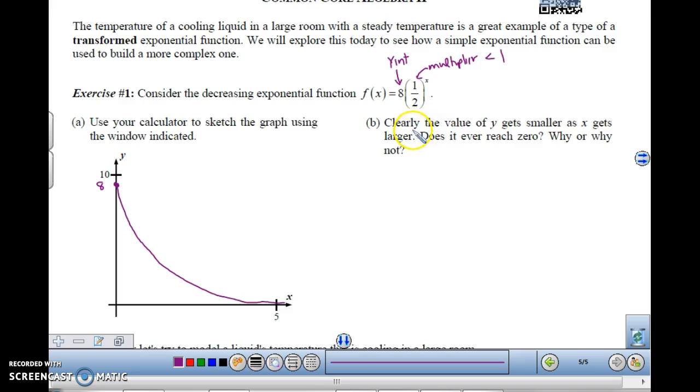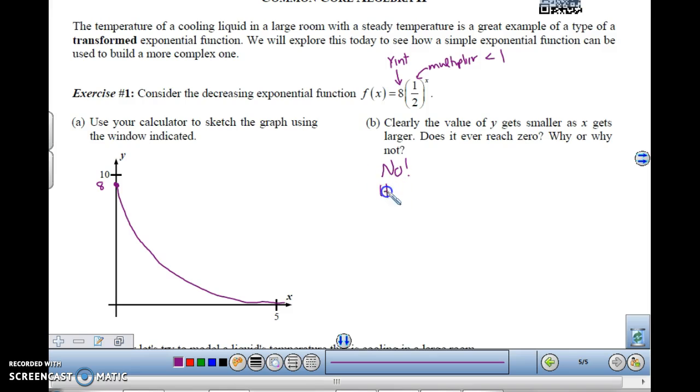Clearly the y gets smaller as x gets larger. Does it ever equal 0? Will this line ever equal 0? No. Why will it never equal 0? Think about this. Every time we are multiplying by 1/2, we are taking 1/2 away.